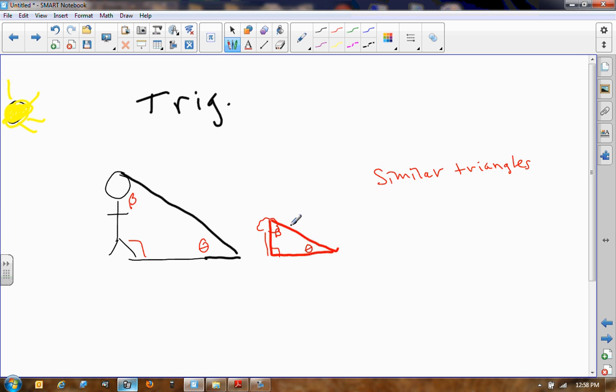They've got similar triangles. The other thing they have is they have ratios that are the same. So the person, call this side A, B, and C. On the little side they have a, b, and c. So they realize that the ratios of corresponding sides are the same.